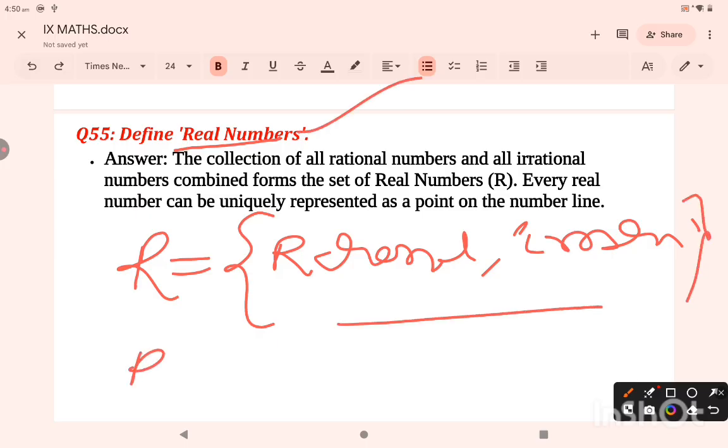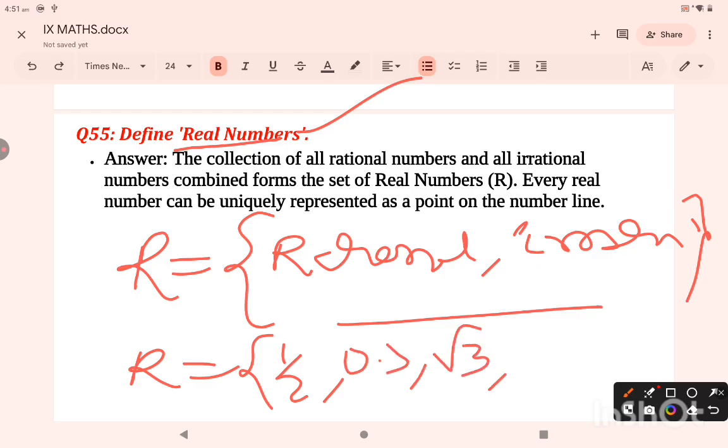So real numbers are rationals and irrationals, both. Rationals are p by q forms; irrationals are non-terminating, non-repeating decimals. For example, 1 by 2, 0.3, root 3, root 2, root 5 and so on.